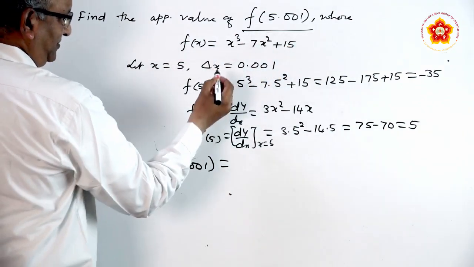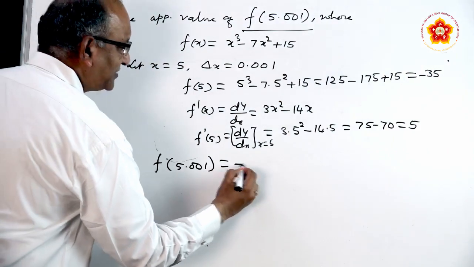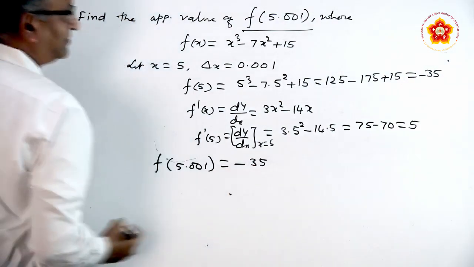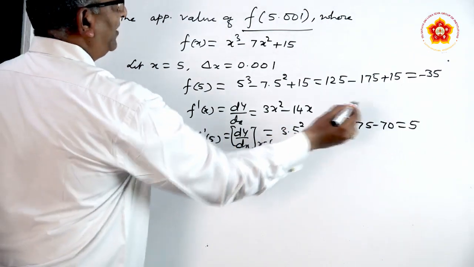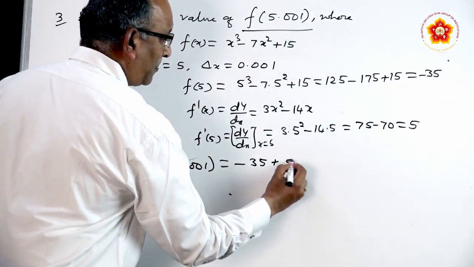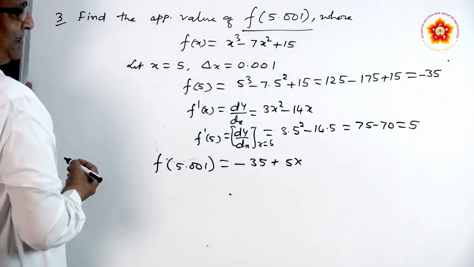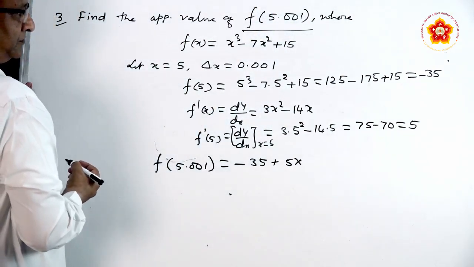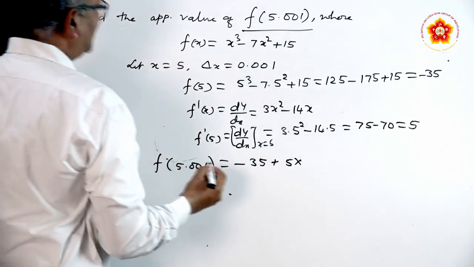Is the function, and by taking x equal to 5, we found that its value is minus 35, plus dy by dx at x equal to 5, we found it as 5 into delta x. What is delta x? Delta x is 0.001.